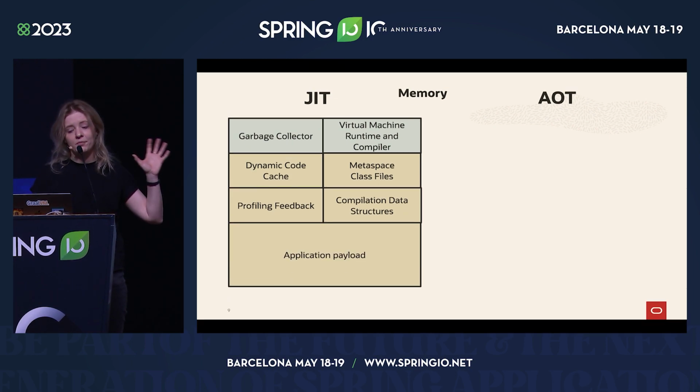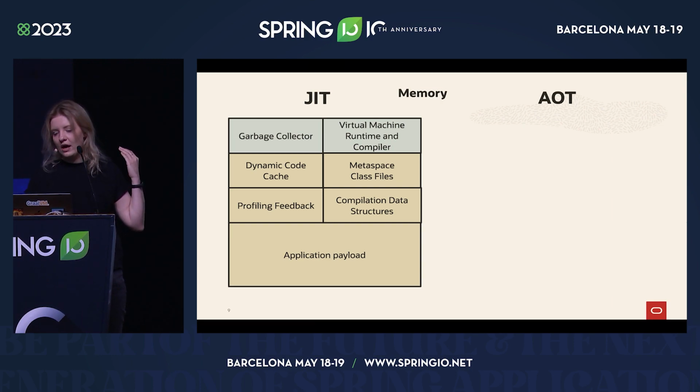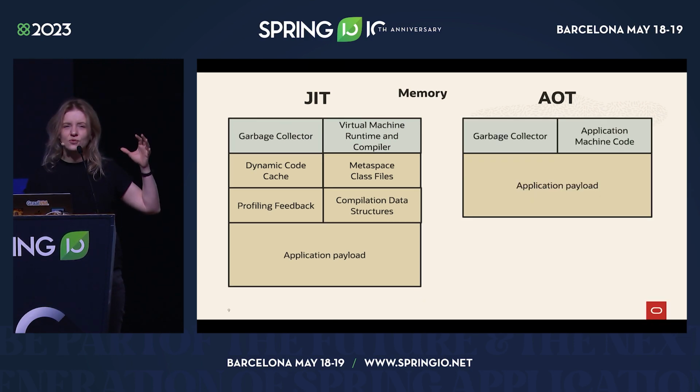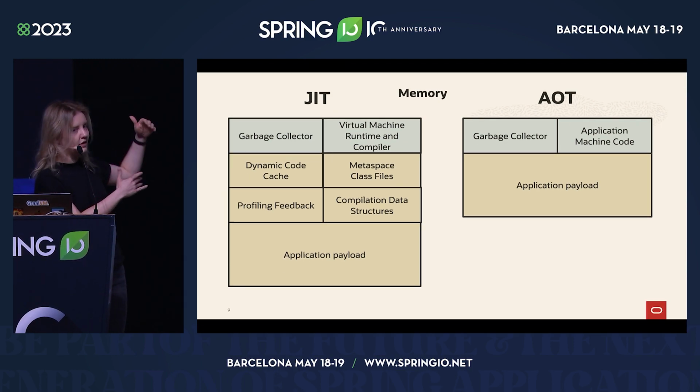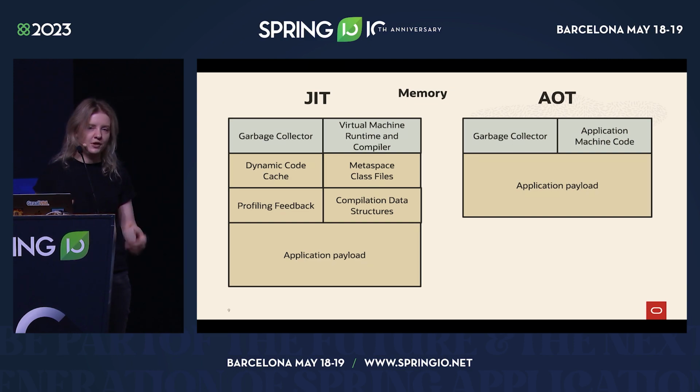So you need to keep memory around for all those things that are both your application payload, but also the code execution infrastructure. While on native image, you do have some minimal runtime components coming from native image and embedded in your native executable, but they are very slim, very lightweight, and you can see even visually how significantly less memory you need when running on native image.